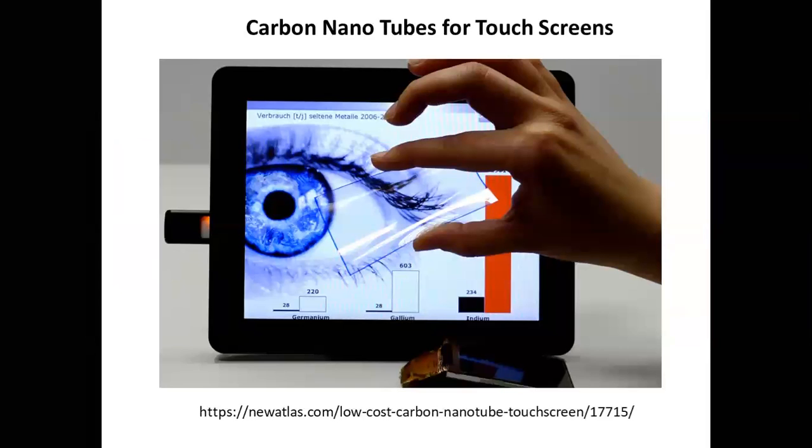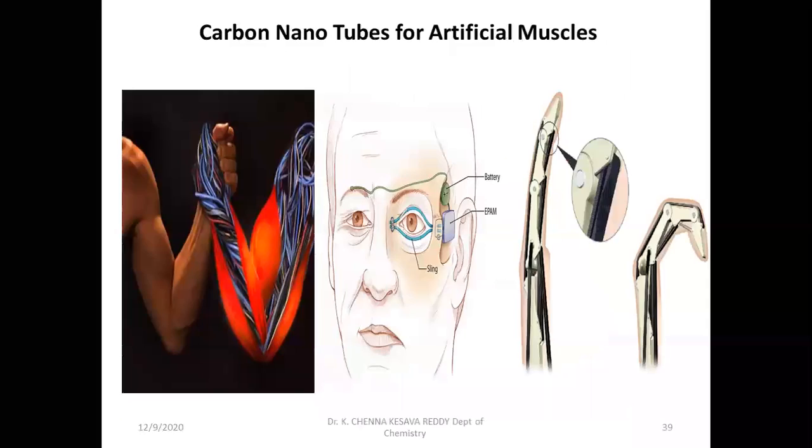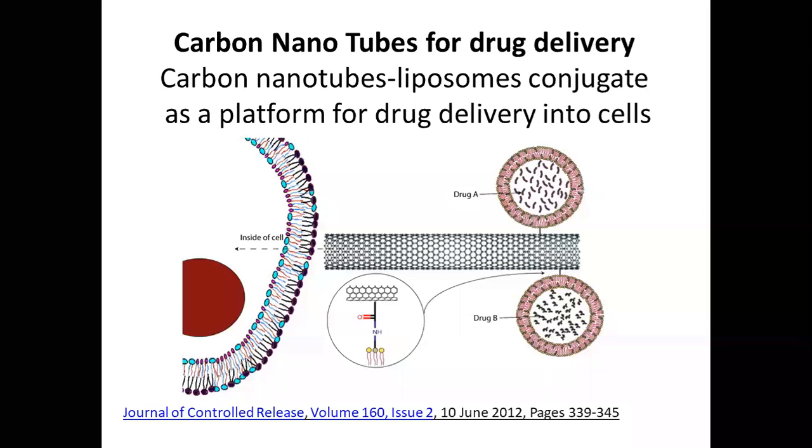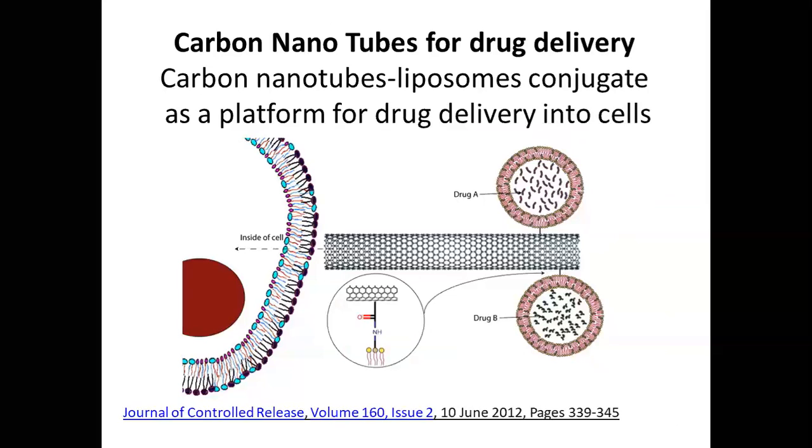And carbon nanotubes can be used in touch screens due to the electrical property and the thermal property. And carbon nanotubes can be used as drug delivery agents. Before going to drug delivery, we functionalize the carbon nanotube.